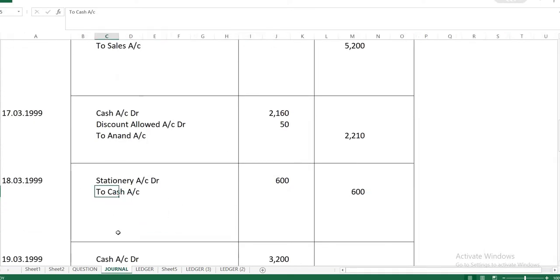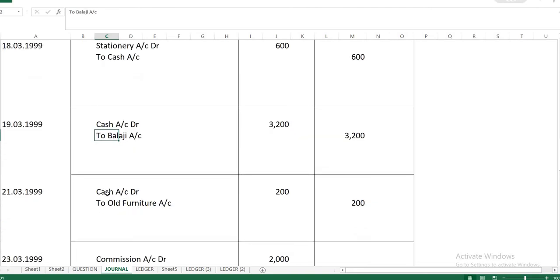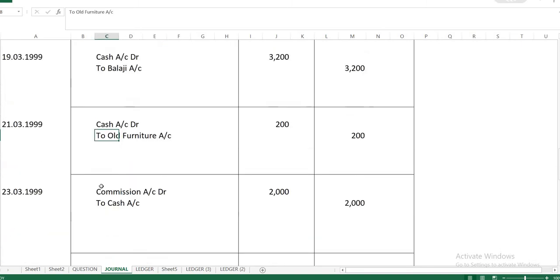Cash account already created, no need. Balaji account already created, no need. Old furniture account: furniture account we already created initially, so no need, we can show it in that itself as the furniture account. So no need to prepare the account again.